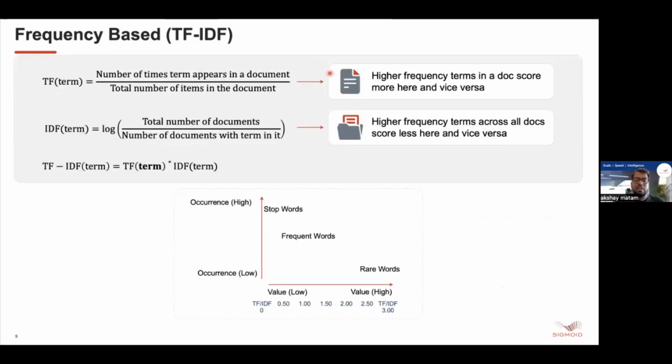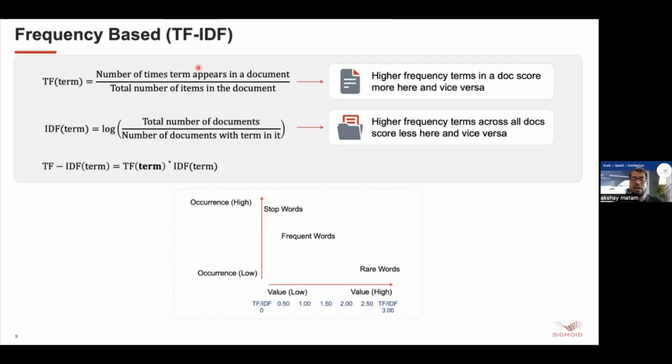So we have created one more form of representation, which is TF-IDF, in which we have term frequency and inverse document frequency as two terms. The TF term will provide information on the importance of the keywords.